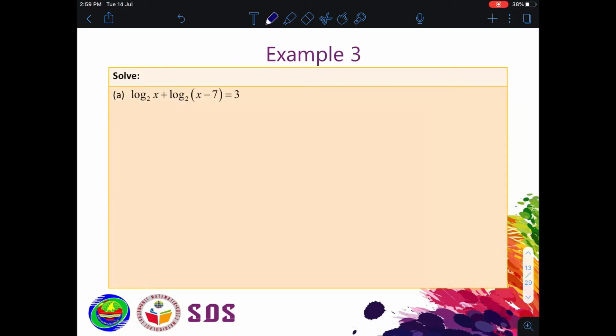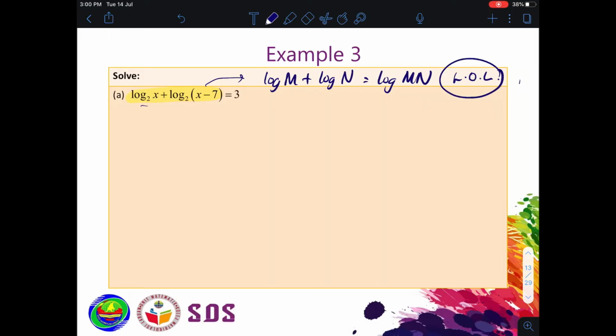Example 3, question A: log base 2 x plus log base 2 (x minus 7) equals 3. When you look at this logarithmic equation, you will see that it is very familiar. It is like the formula log m plus log n equals log mn, which is one of the laws of logarithm that we will be using.